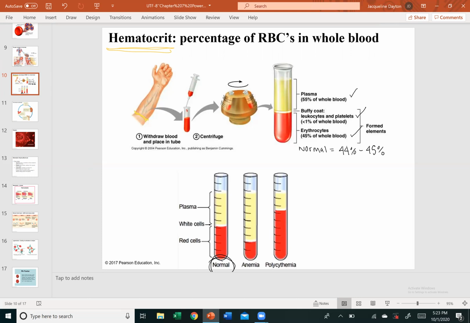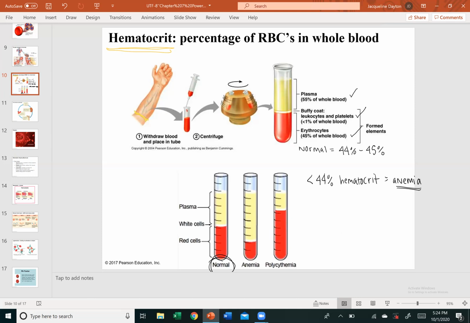Okay, so what happens when that goes up or down, outside of the normal range? When you have a hematocrit that is less than 44%, you develop a condition called anemia.